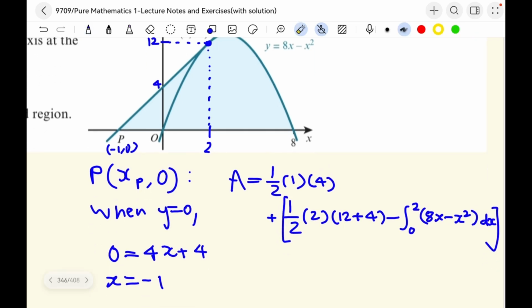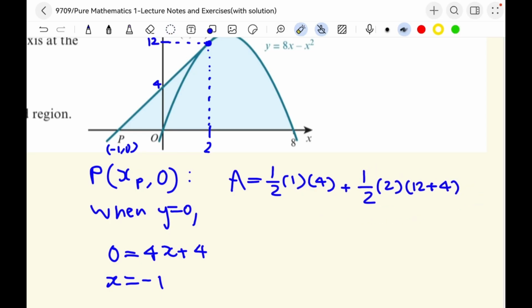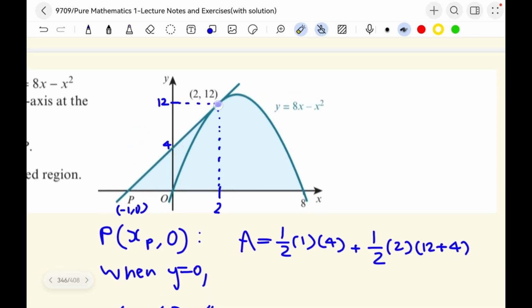Oh my bad. It's actually all will be included. So we just find the area of the trapezium. Yeah, because I thought we were going to find this region only, but in fact, it's actually the area of the entire trapezium. Okay.